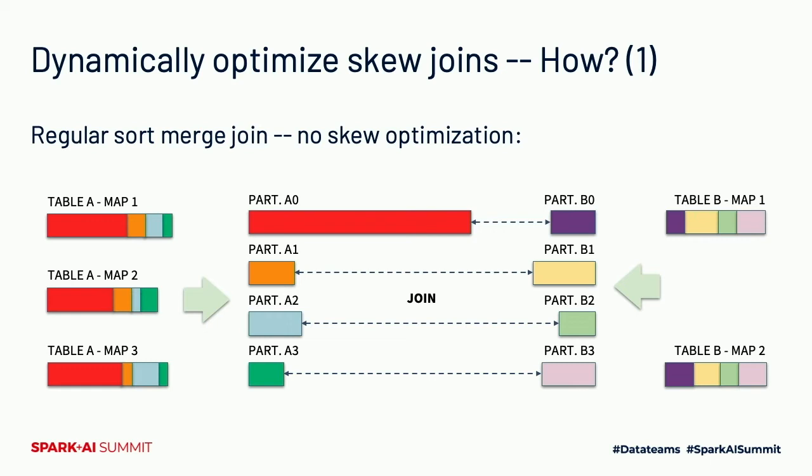For example, in the diagram here, partition A0 from table A will be joined to partition B0 from table B, and partition A1 joined to partition B1, etc. The problem here with A0 being especially large is that it will take the first task a much longer time to complete than the other 3 tasks, which slows down the whole query.